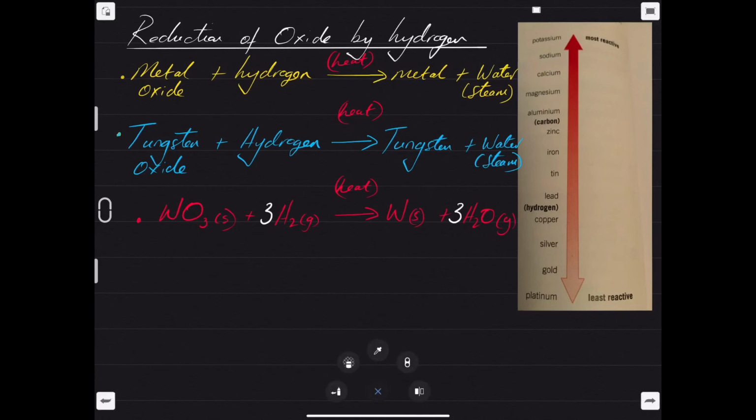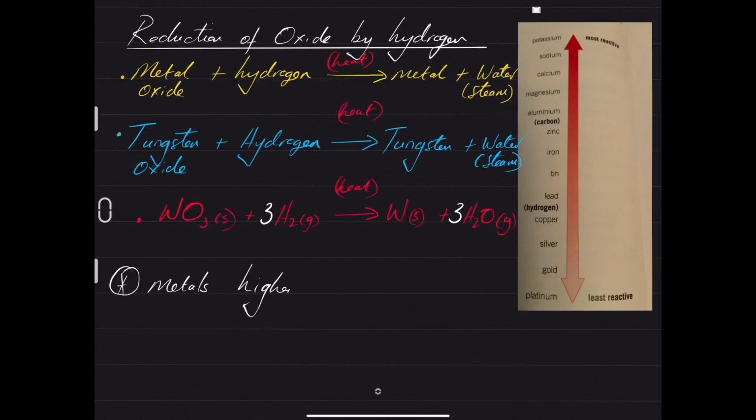So what we say is that metals higher than carbon are extracted via electrolysis.